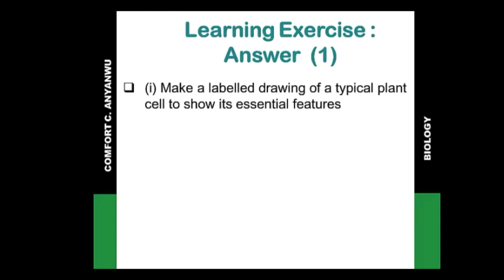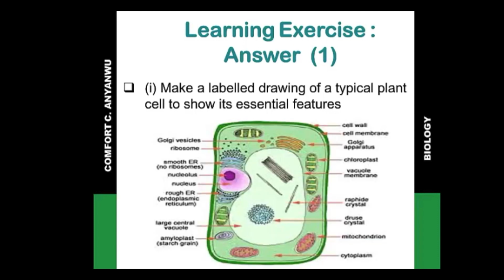Question number 1 will be: make a labeled diagram of a typical plant cell to show its essential features. If you can draw this complex one, that will be excellent. However, you can as well draw the simple one I've shown you before.